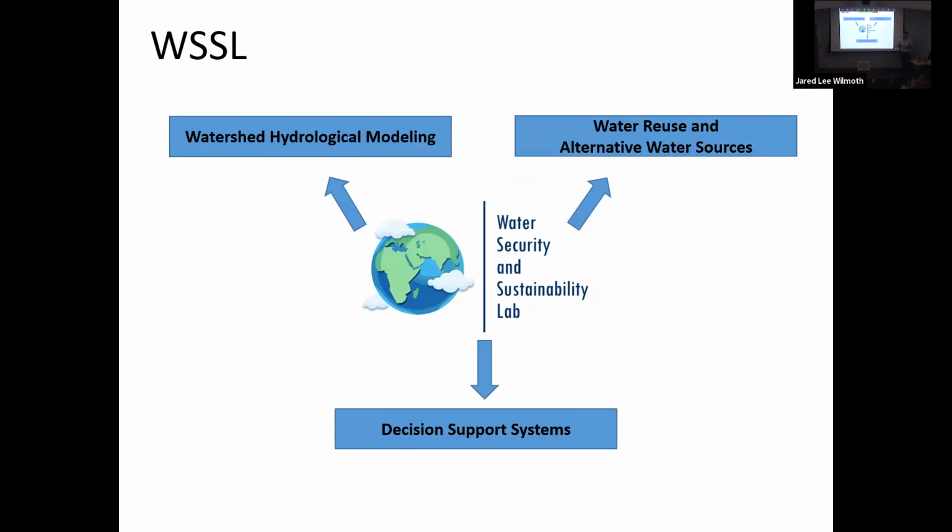So how we can implement alternative water sources such as treated wastewater or stormwater at a watershed scale, and how we can use them in the scheme of integrated water resources management. And then using both of those, we are developing different decision support tools for better managing our water resources and also implementing water reuse or alternative water sources.